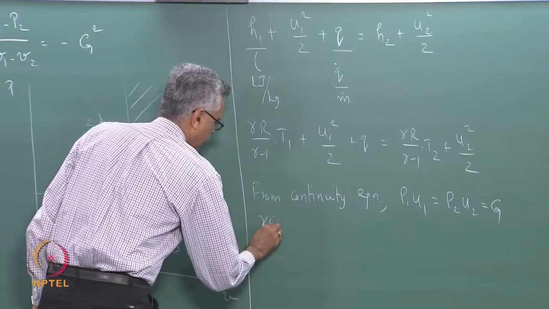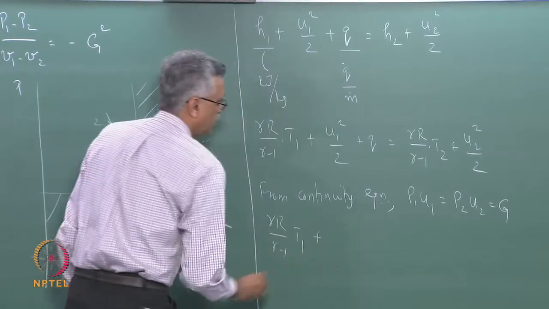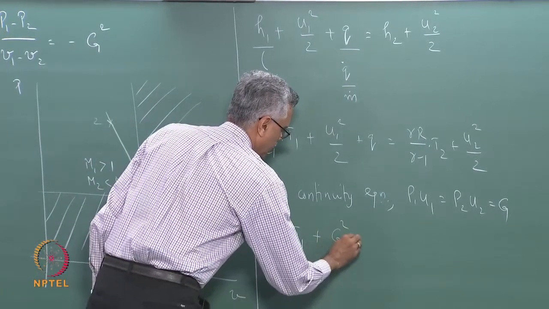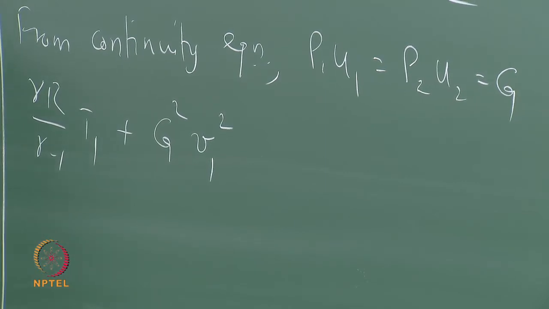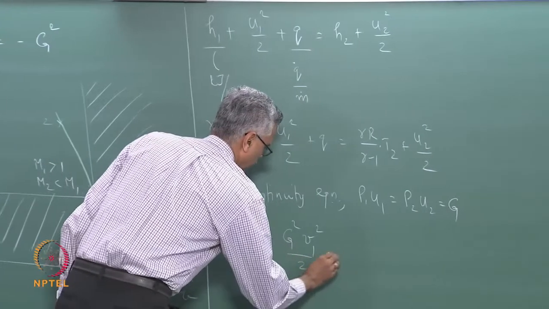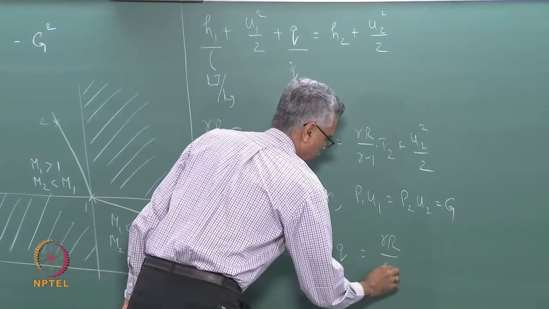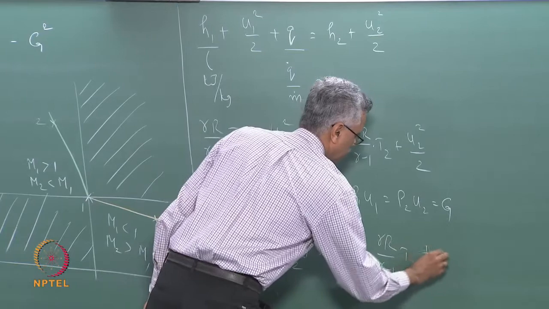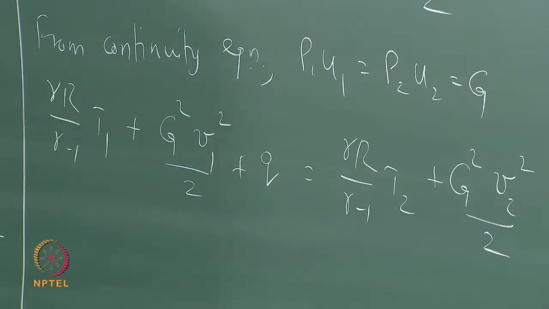This equation becomes gamma R over gamma minus 1 times T1 plus G square times V1 square over 2 plus Q equal to gamma R over gamma minus 1 times T2 plus G square V2 square over 2.